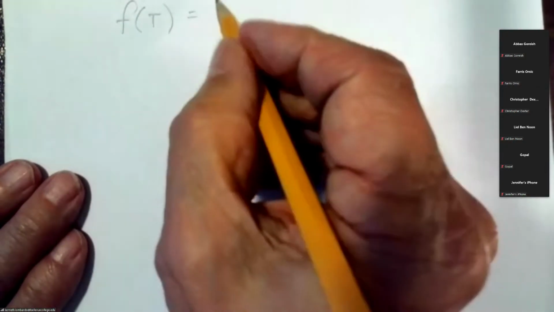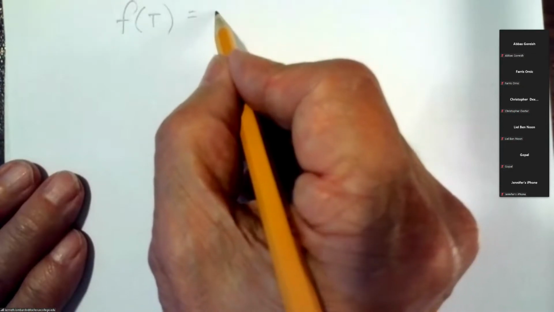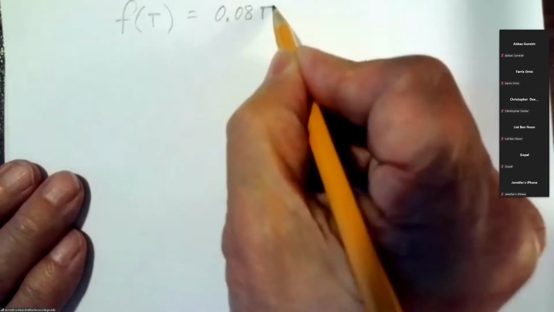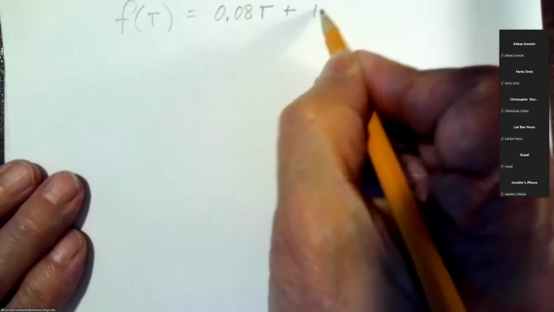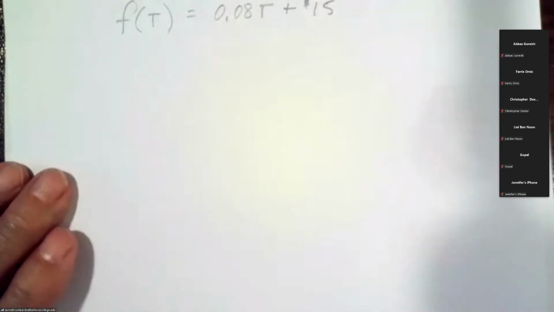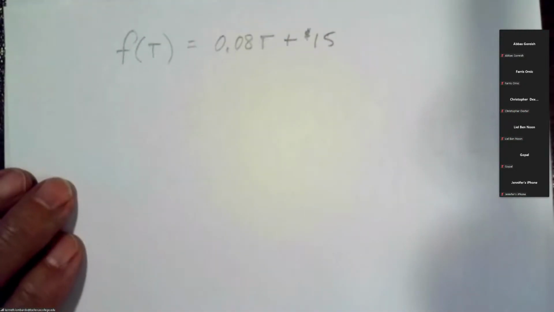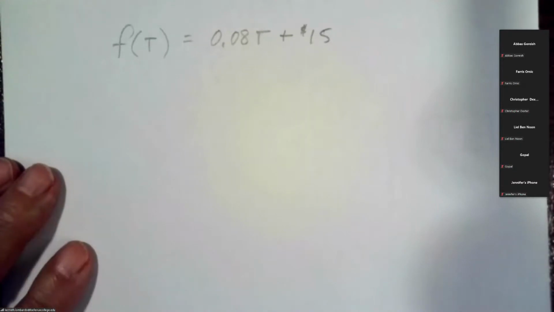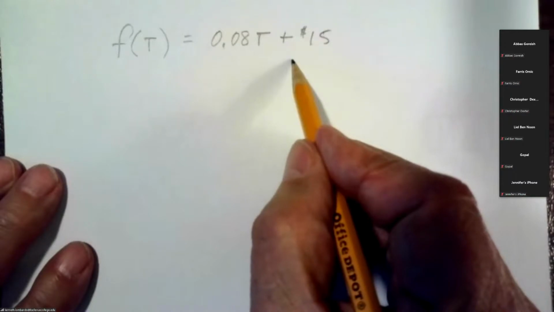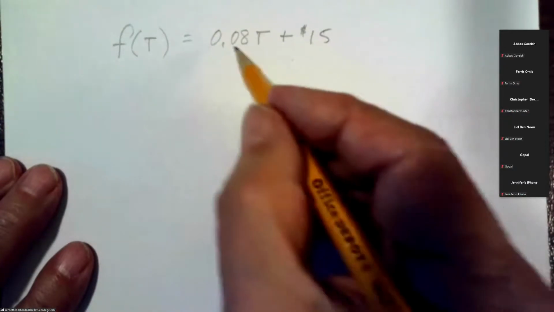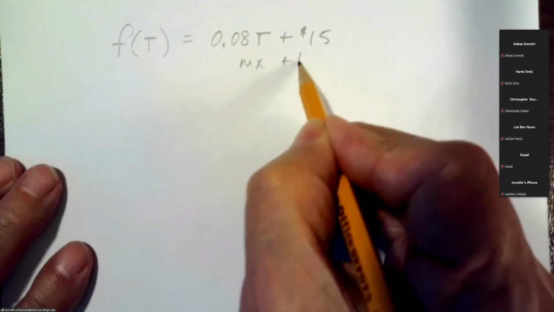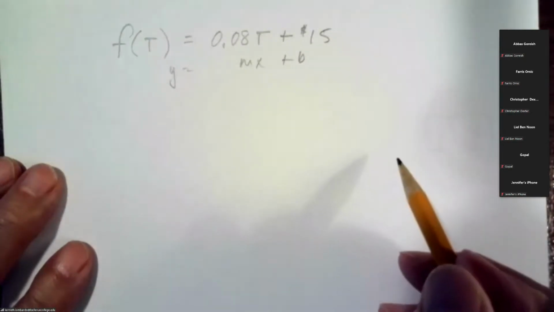And I say that that function is 0.08 T plus 15. And this is in dollars and this is dollars per month. And if I gave you that function, could you graph that function? Does this look like a line that says y equals mx plus b?